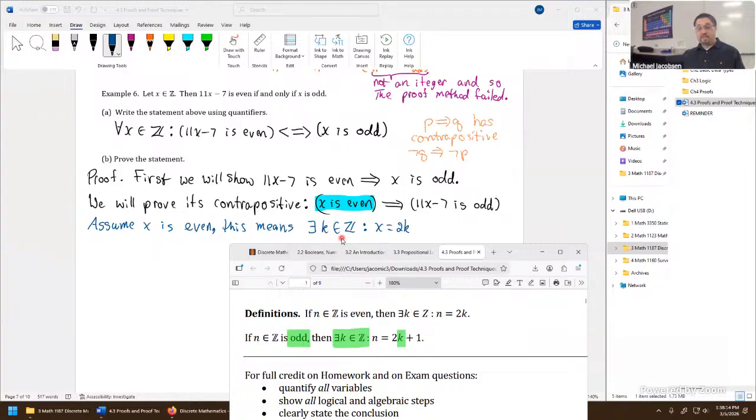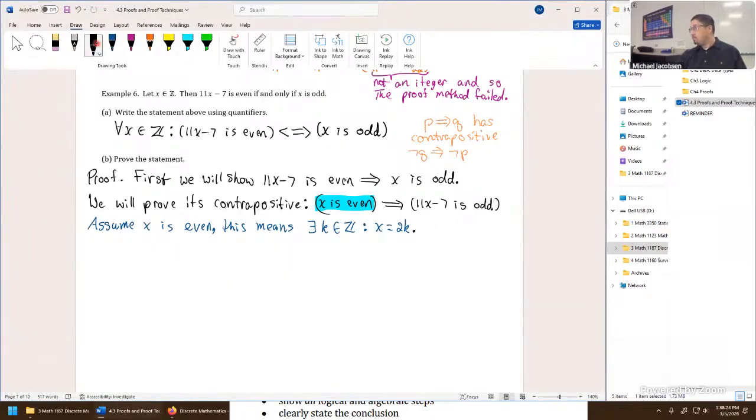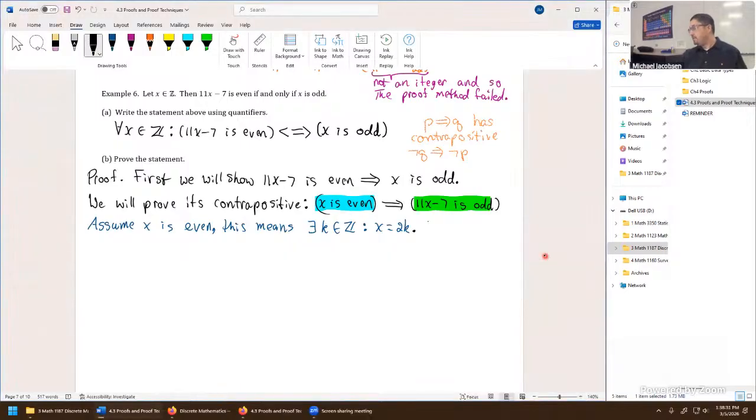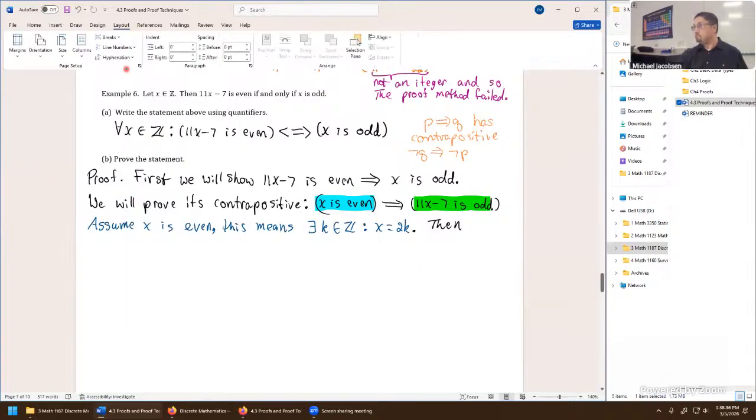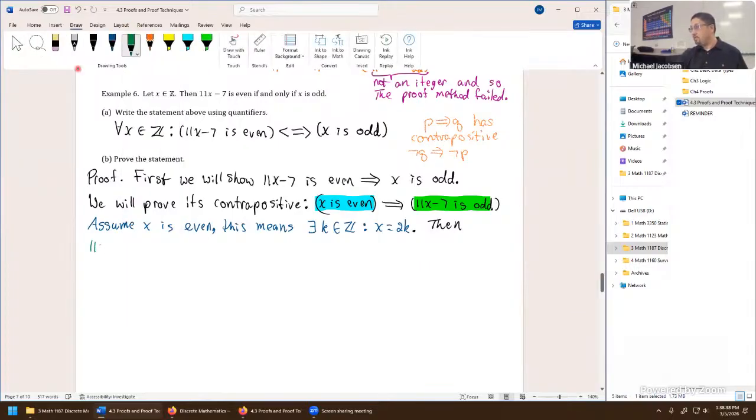Now that we have this part right here, we consider 11x minus 7 trying to land on odd, so trying to get to that structure we see below. We'll say next, trying to hit that statement. Then 11x minus 7 becomes 11 times 2k by substitution minus 7.